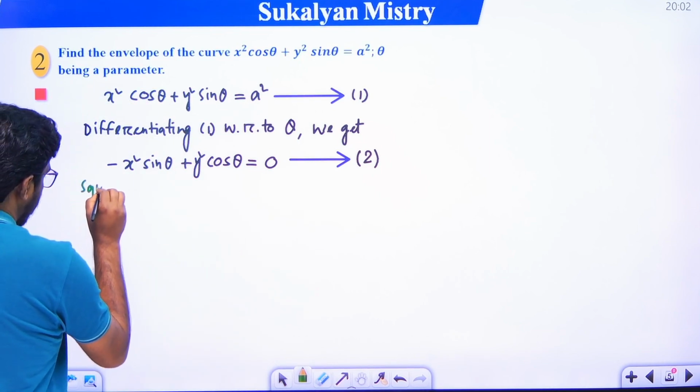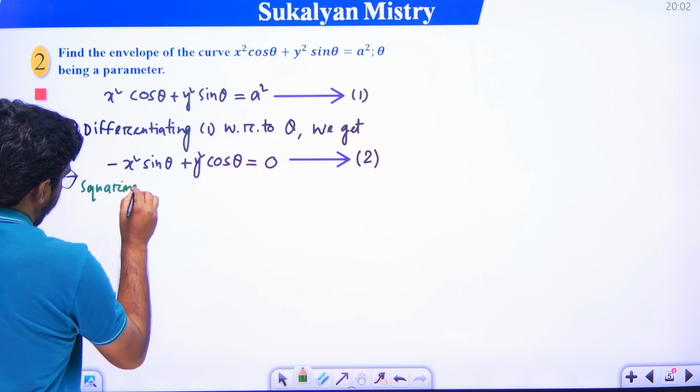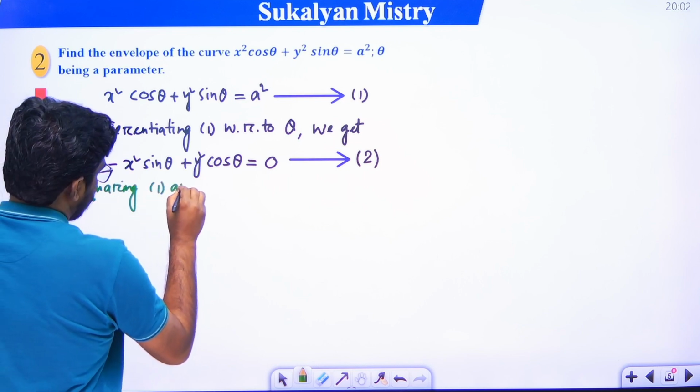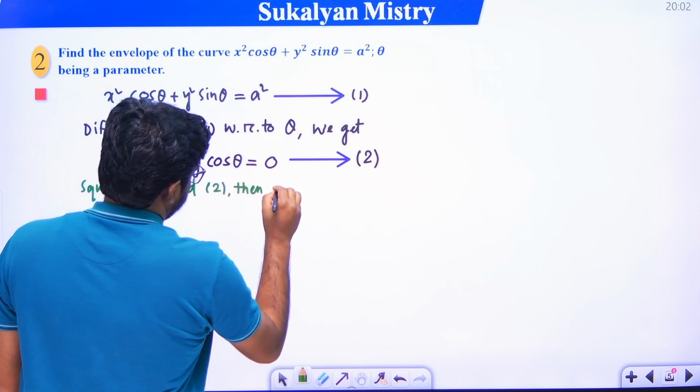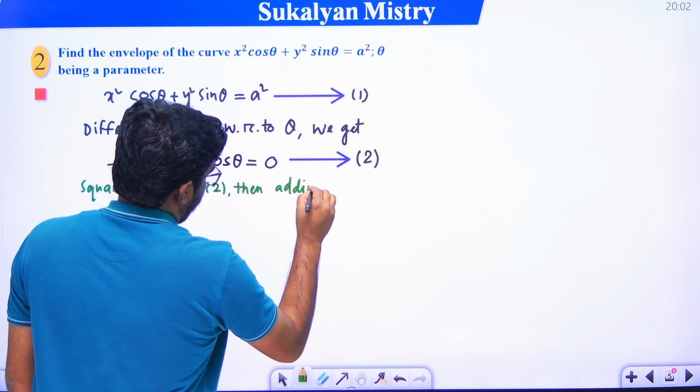So eliminating, that is squaring 1 and 2 and then adding.